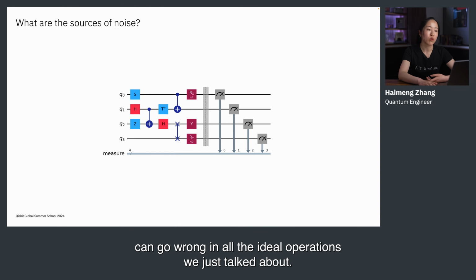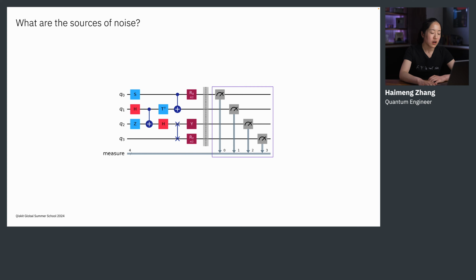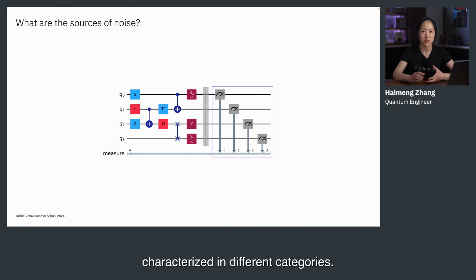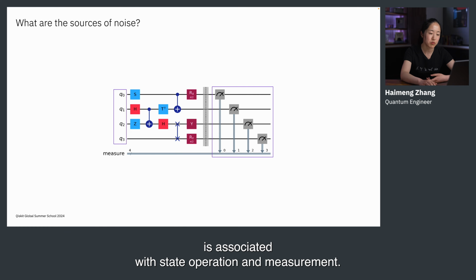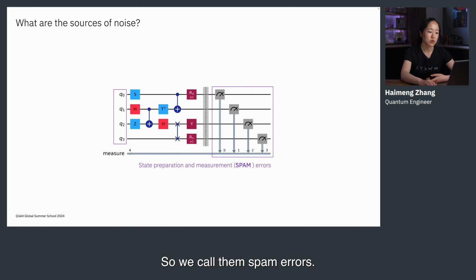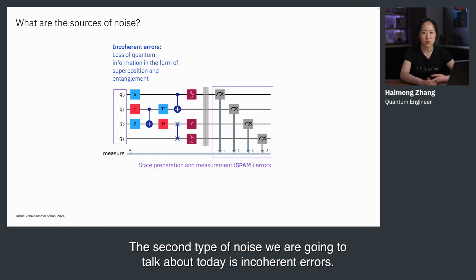So what can go wrong in all the ideal operations we just talked about? Roughly speaking, all the noise can be characterized in different categories. The first one we're going to look at is associated with state preparation and measurement, so we call them SPAM errors. The second type of noise we are going to talk about today is incoherent errors.